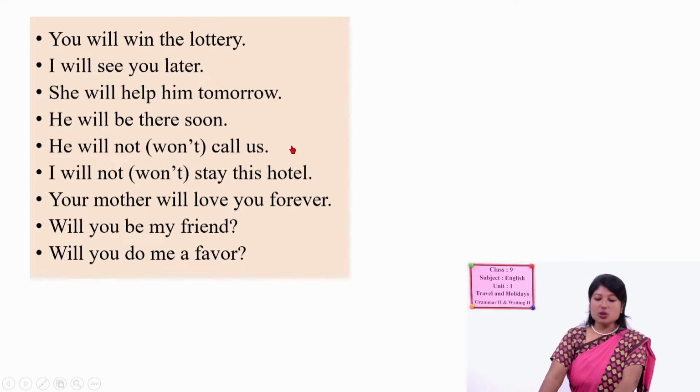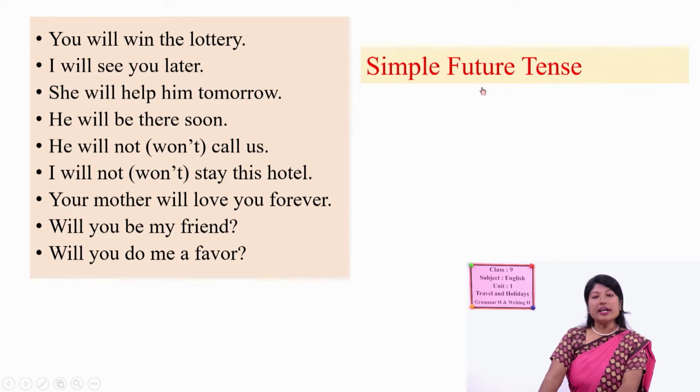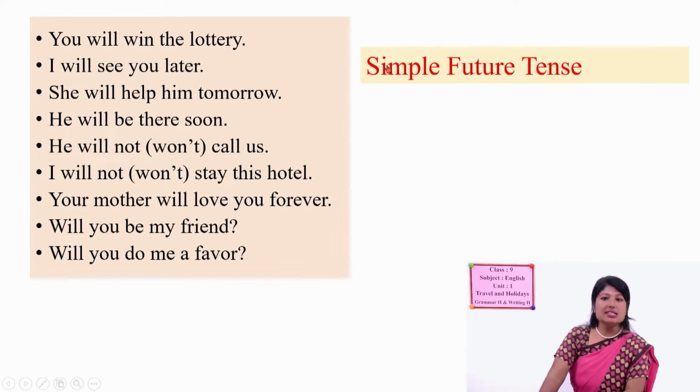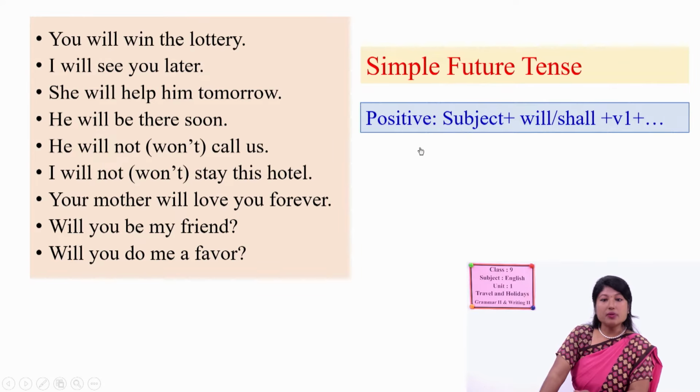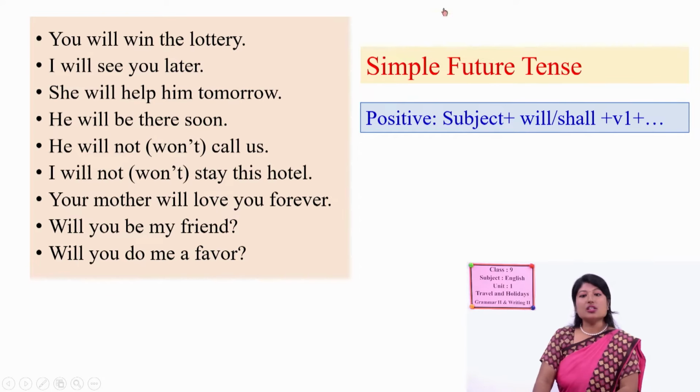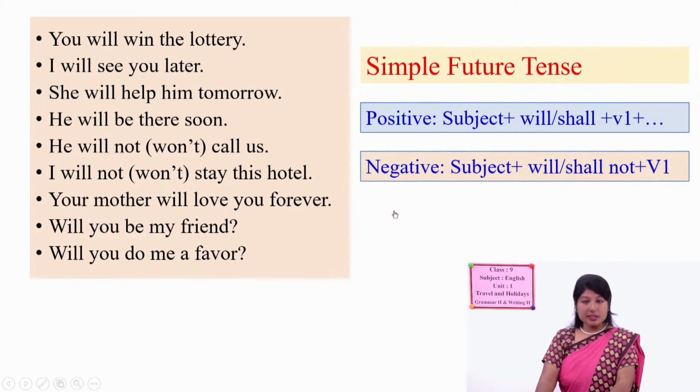Okay, so all these structures are in simple future tense, right? The structure of a positive statement is subject, will, shall plus verb 1.